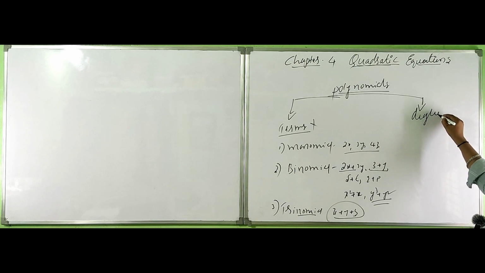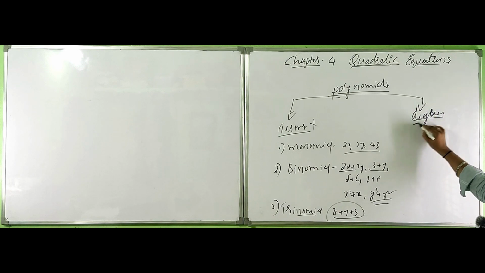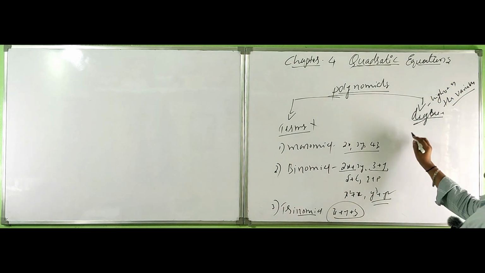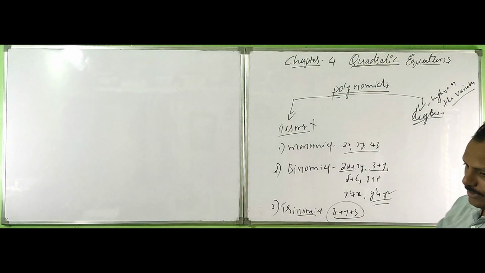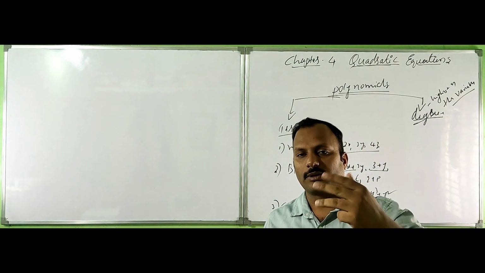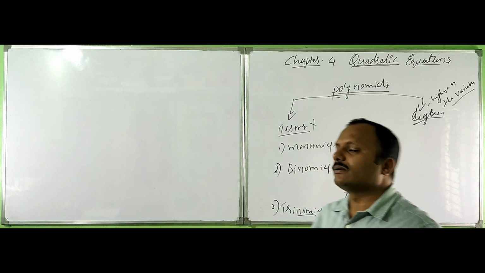Degree is the highest power on the variable in the equation. You are not bothered with the terms. If the degree is different, automatically the terms change, and you can write the terms also.